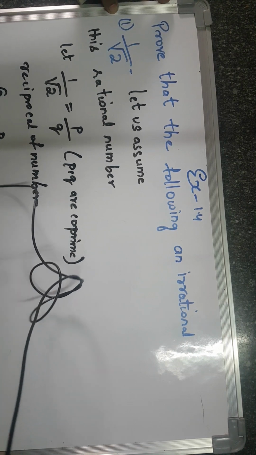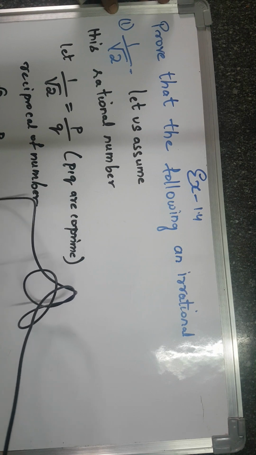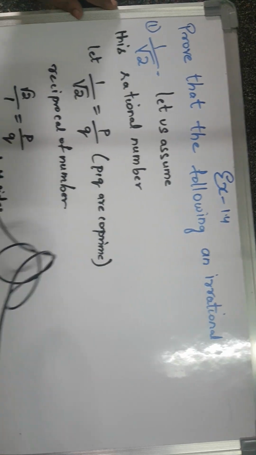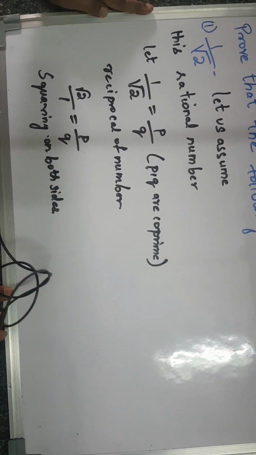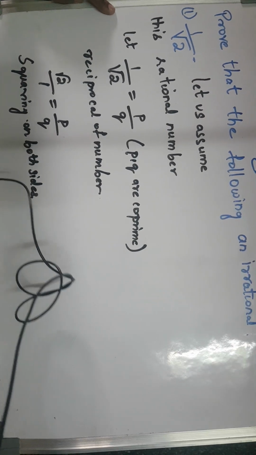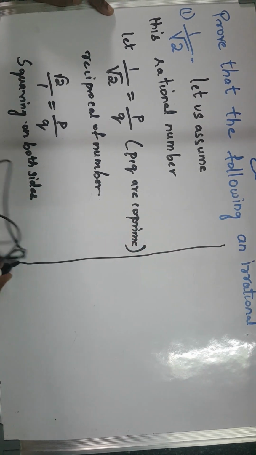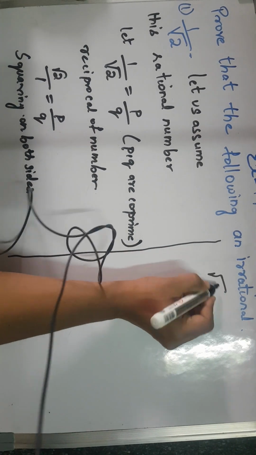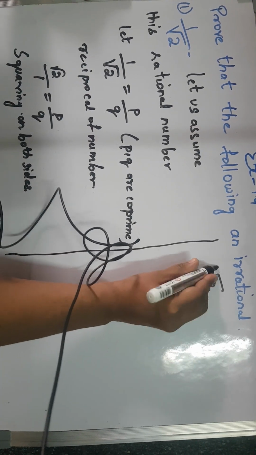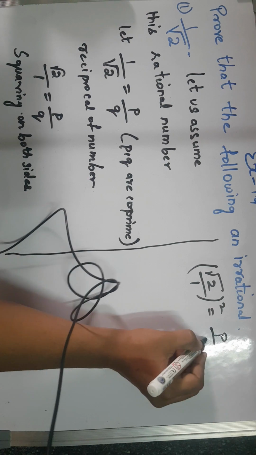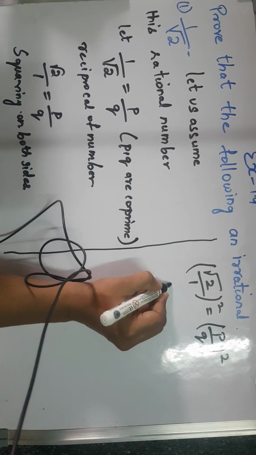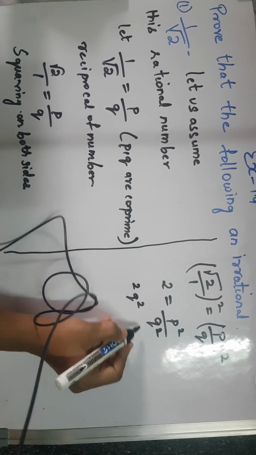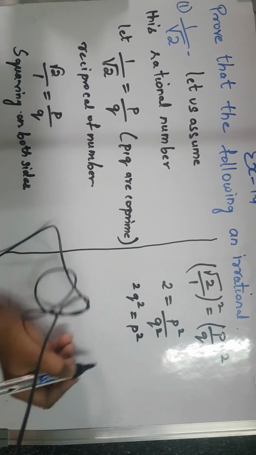Squaring on both sides, root 2 by 1 whole square is equal to p by q whole square. Root 2 square is 2, that is p square by q square, that is 2 into q square is equal to p square.